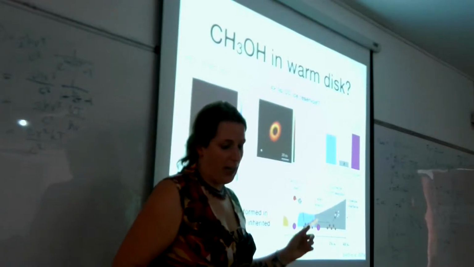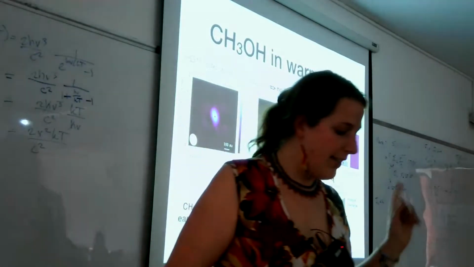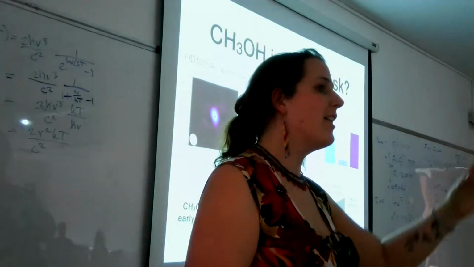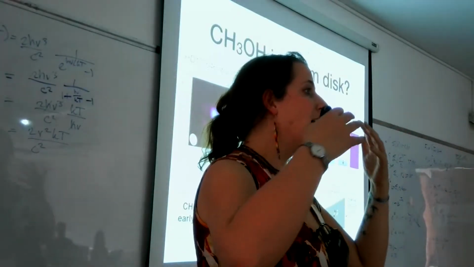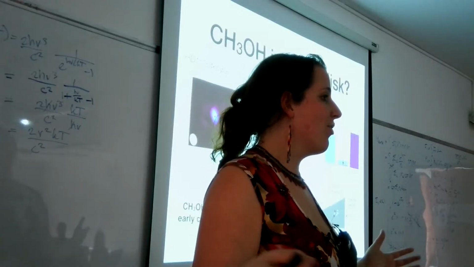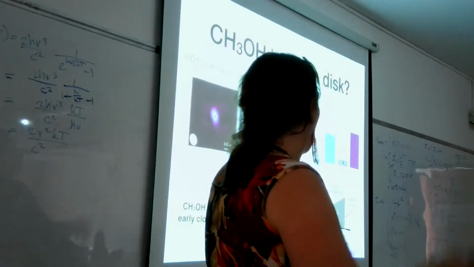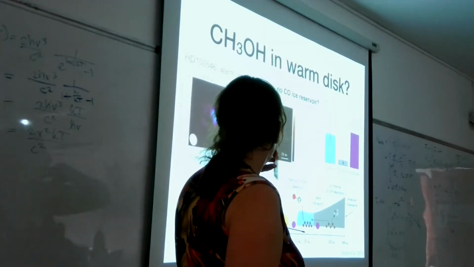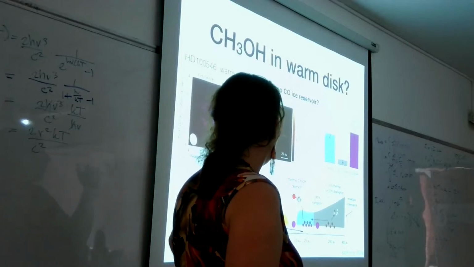And this was a bit of a surprise because this particular disk, AC-100, is a warm disk. It's a very bright star, and it means that you don't actually expect CO ice in this disk. So if you don't have CO ice, how can you form methanol, right? But yet it was detected.